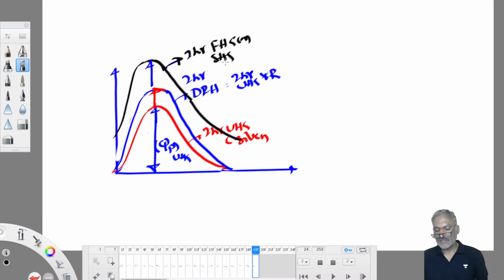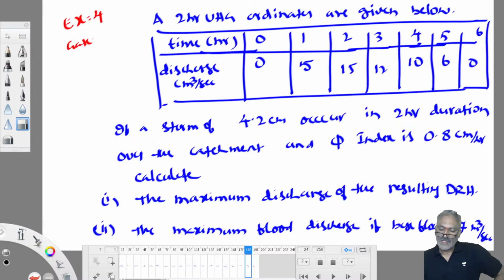I have given a hint to you. So the time invariance assumption is valid, no? Where there is a peak of the unit hydrograph, there only the peak of the direct runoff hydrograph, the maximum flood discharge, also occurs. What is the maximum flood discharge here? 15. This is the peak, the maximum discharge of the unit hydrograph.